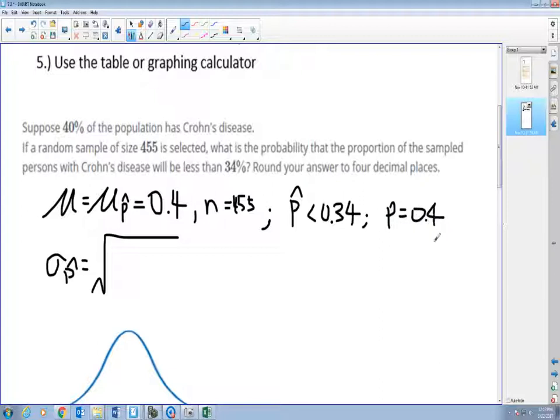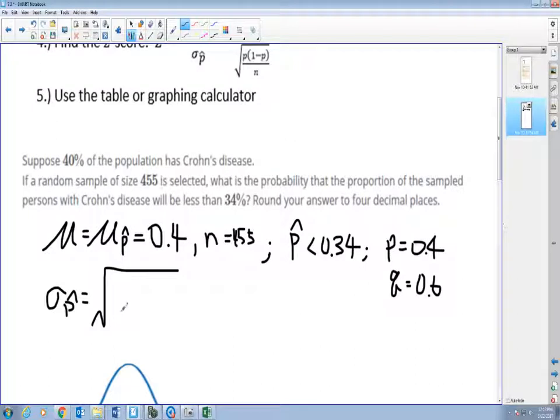So that means my q is 60%. So p times q divided by the sample size 455. Okay, the 455 is inside the square root.